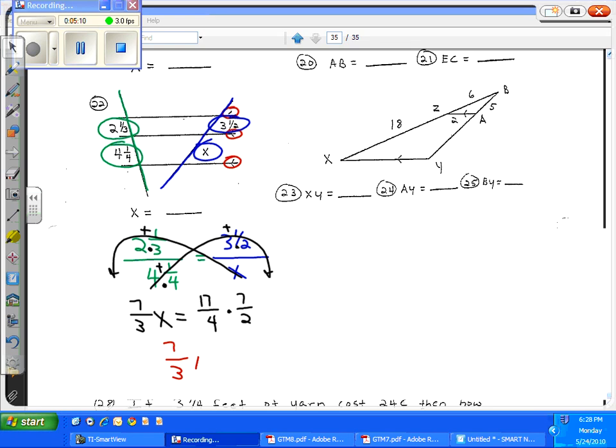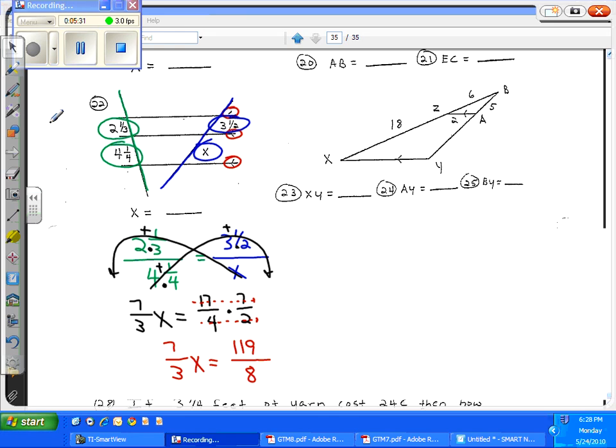And so we get 7/3 x is equal to 7 times 17 is 119 over 4 times 2 is 8. Remember, when you multiply the numbers, numerators, and you multiply the names, denominators, and you get a new name.